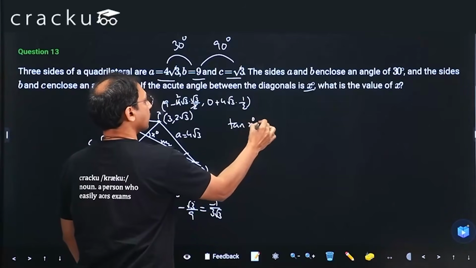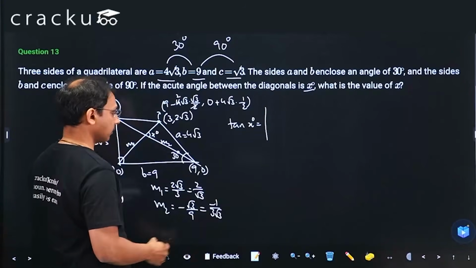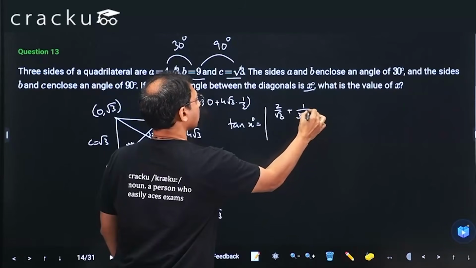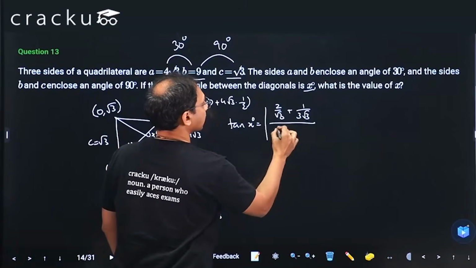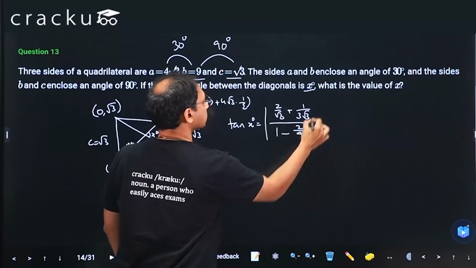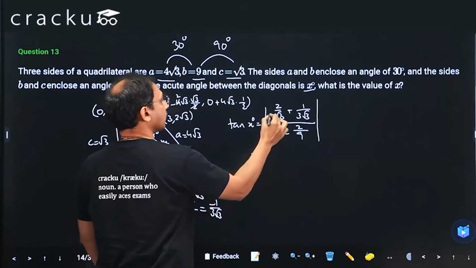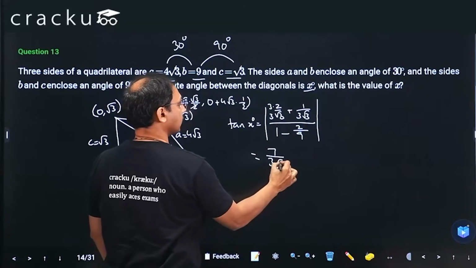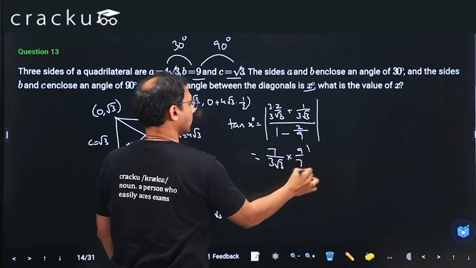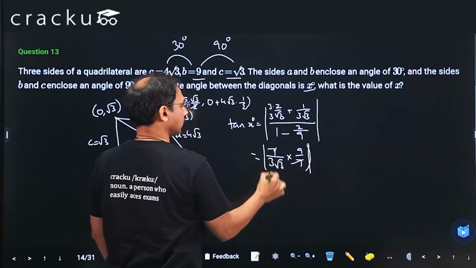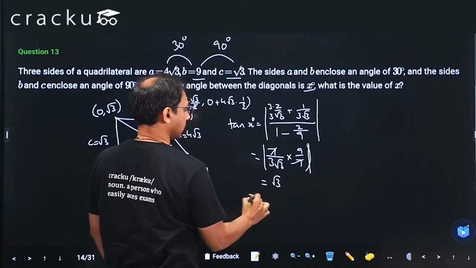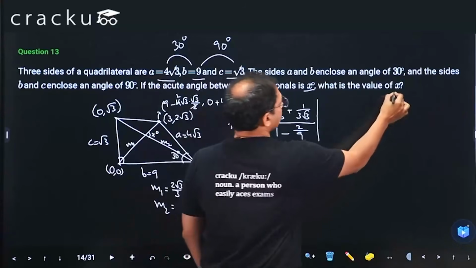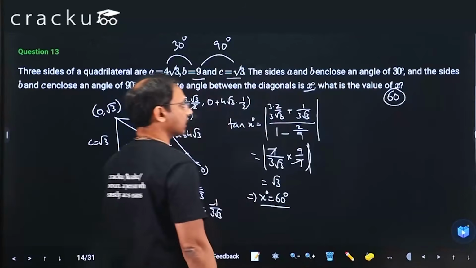Acute angle between them: mod of tan theta will be mod of m1 minus m2, minus of minus will become plus, by 1 plus m1 m2. So here if I multiply by 3, I get 6 plus 1, 7 by 3 root 3, into 9 by 7. This will be root 3. So x degrees is 60 degrees. The value of x is 60. That's the answer.